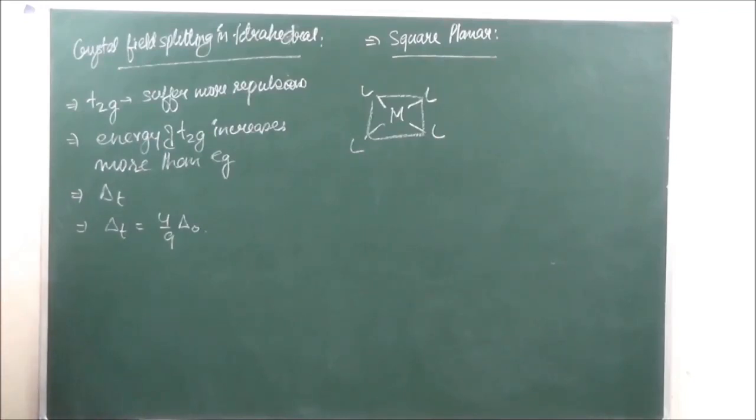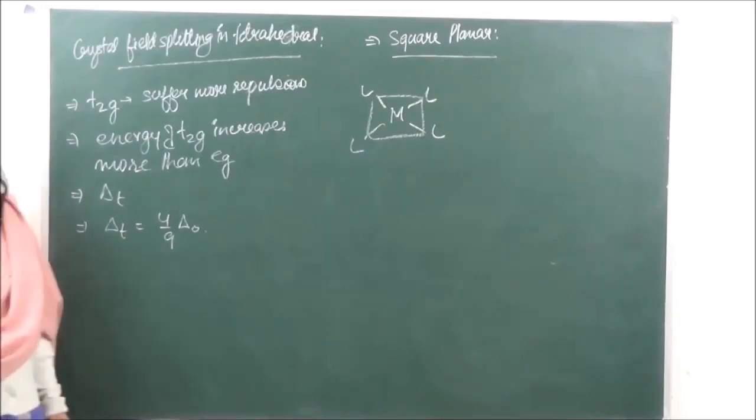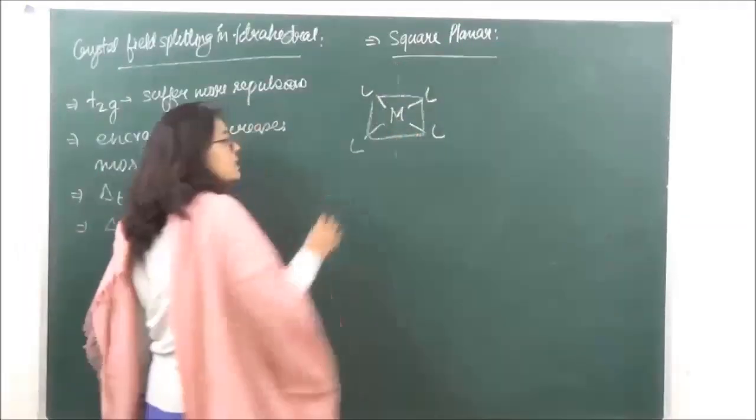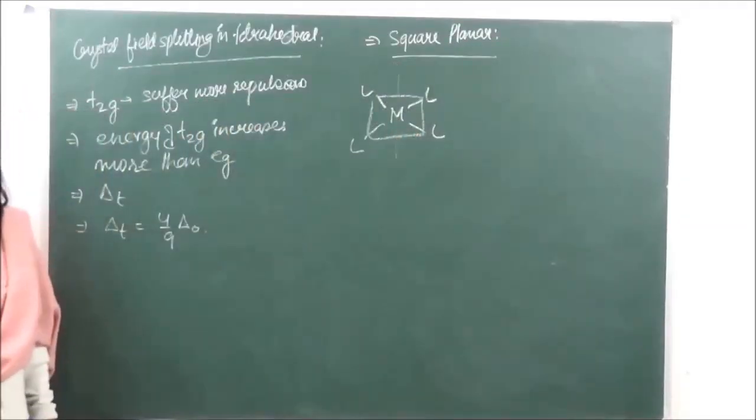If you see the diagram we drew before, the axis we were drawing was the z axis in case of octahedral. So 2 ligands are missing from the z axis. Now what will happen because of this?